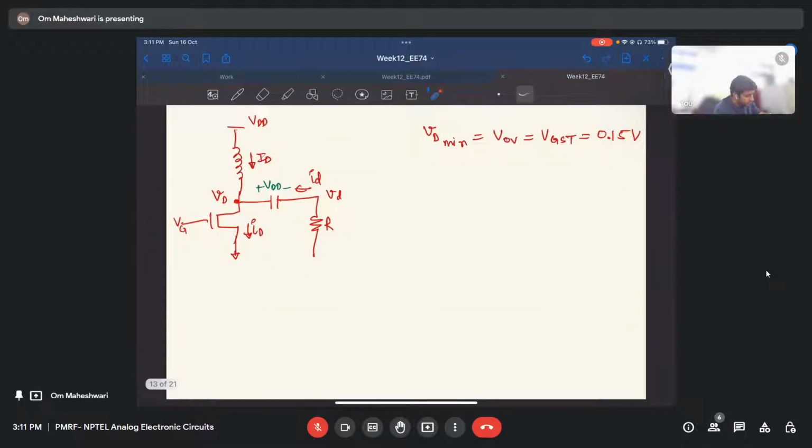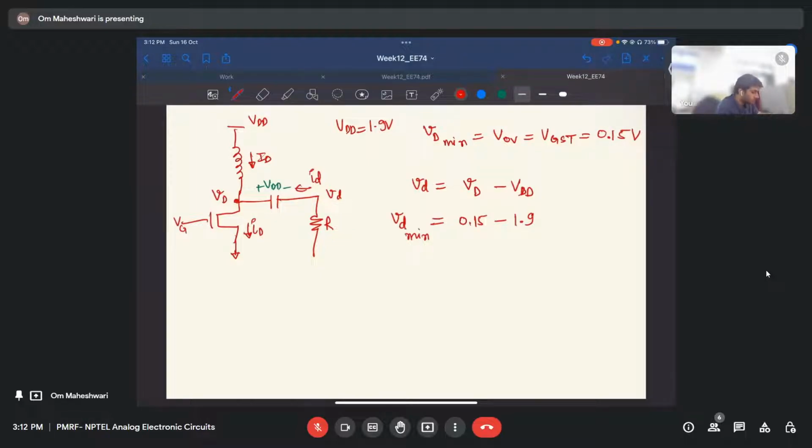Here it is 0.15 and here it is VDD. So this VD is 0.15 minus VDD, and VDD is given as 1.9 volts. So that is the minimum value of VD.